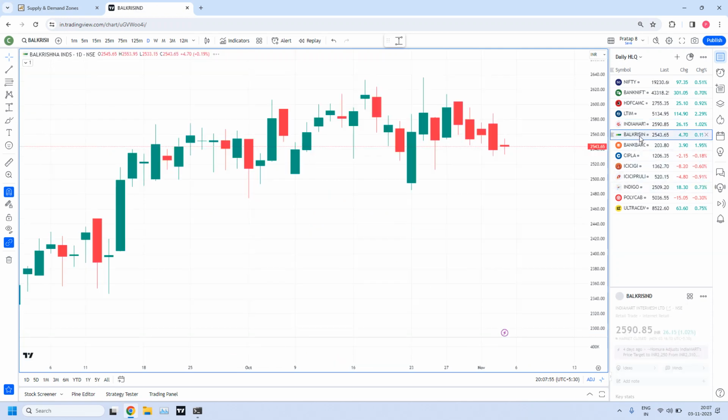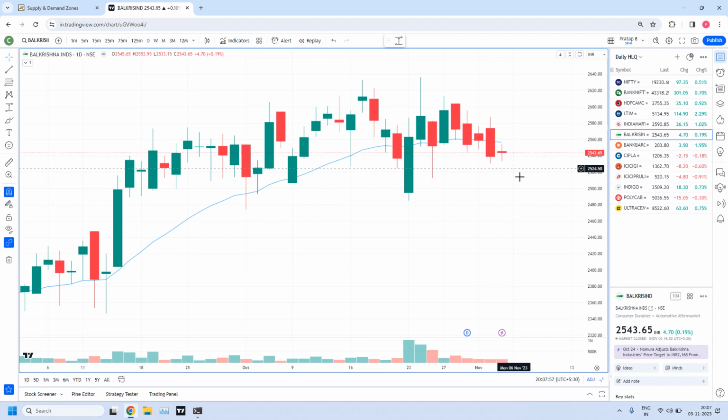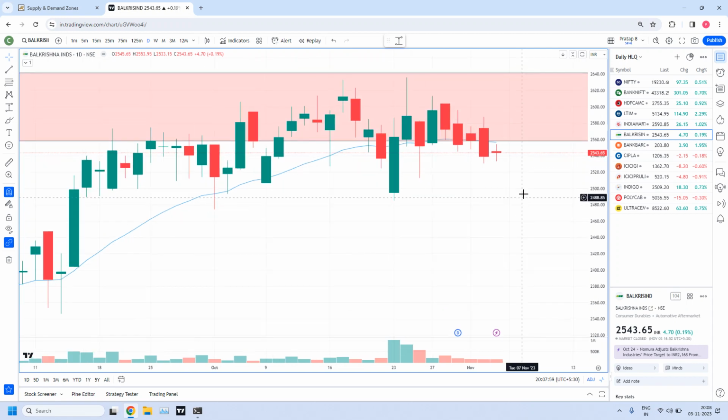The next one is Balakrishna Industries. This is a short trade. And most of these candles have consumed the institutional pending orders. I didn't find any fresh 75 minute zones inside. I'm sure next time prices will easily go and violate this supply zone.